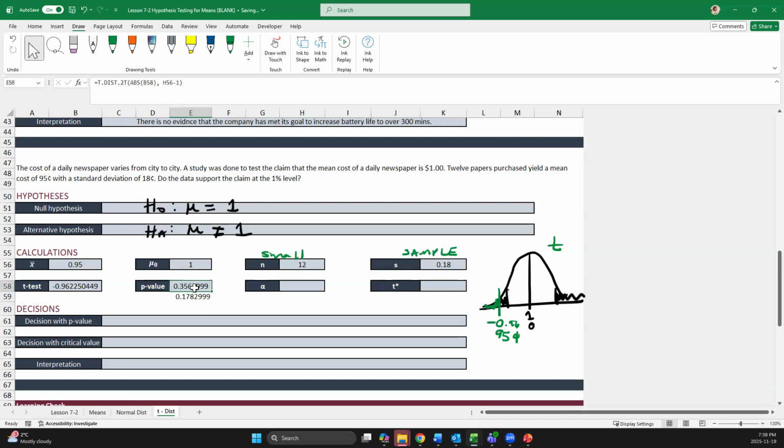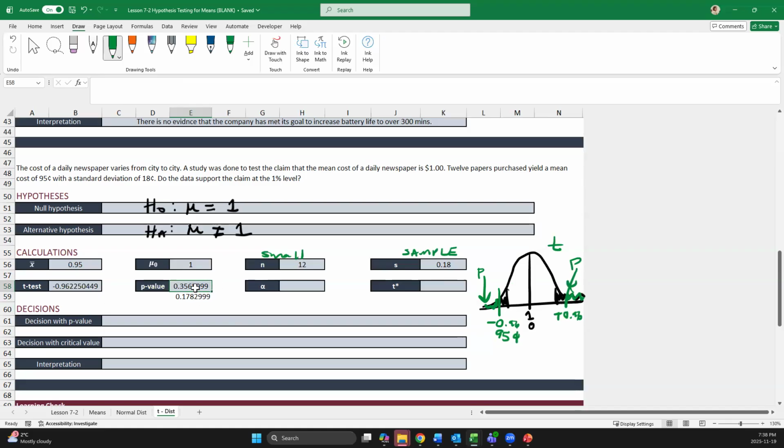So this is half of the t.dist.2t value, basically because the .2t value is giving you both ends. So what the negative and the positive would give you. Like 0 plus positive 0.96 and negative, it's adding what's in here, the p-value on this side and the p-value on this side for both tails.